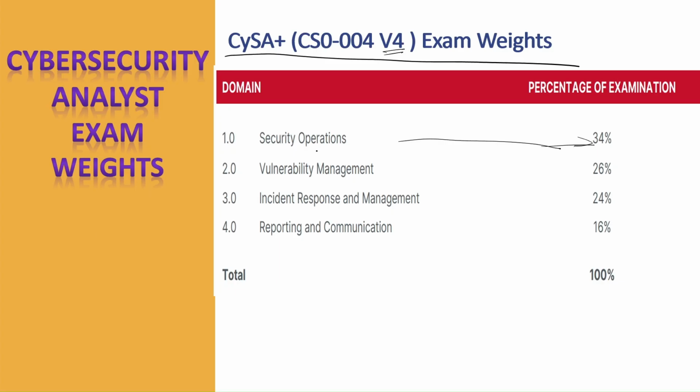As we can see, the first domain, security operations, carries the largest weightage at 34%. The second domain is vulnerability management, which is 26%, incident response and management carries 24%, and the last domain, reporting and communication, carries the smallest of all these domains, at 16%.